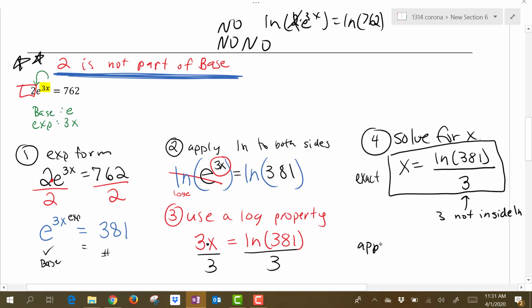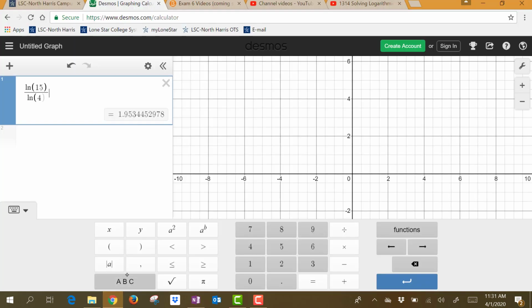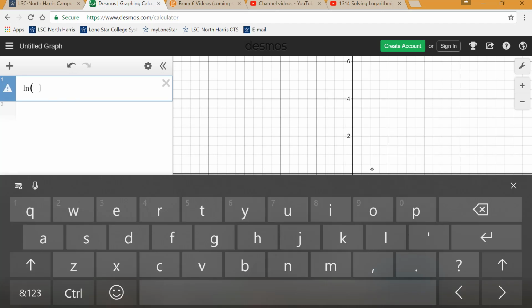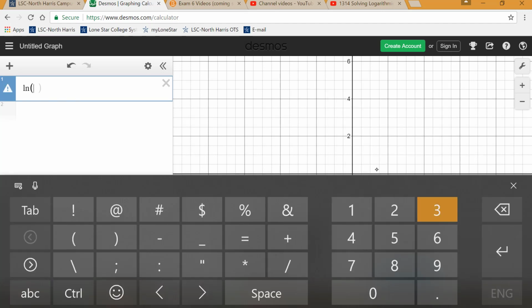Let's say that I wanted to get an approximation. If I wanted to get approximately what that number is, we can go back to Desmos. Type in natural log. I'll just start over so we can see what we did. We want the natural log function. I'm going to type in 381.